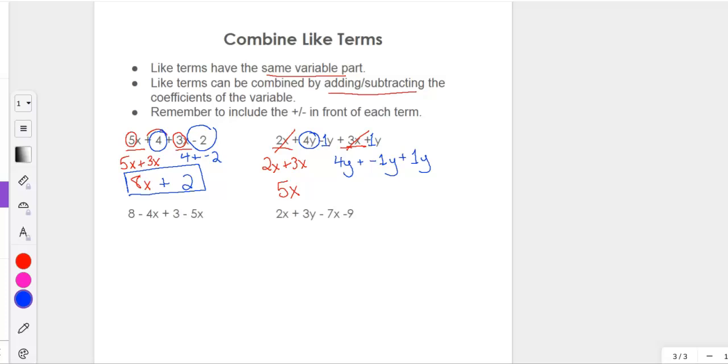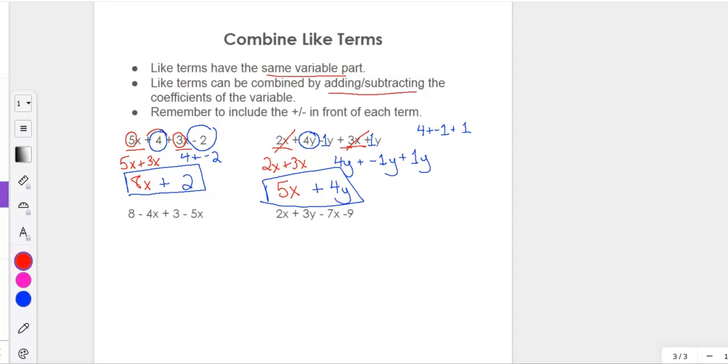You can use a calculator, so feel free to do that. You could just type in your calculator 4 plus negative 1 plus 1. When you do that, you end up with a positive 4, so that would be a positive 4y. Again, I wrote plus because this represents a positive number, and that would be my answer.